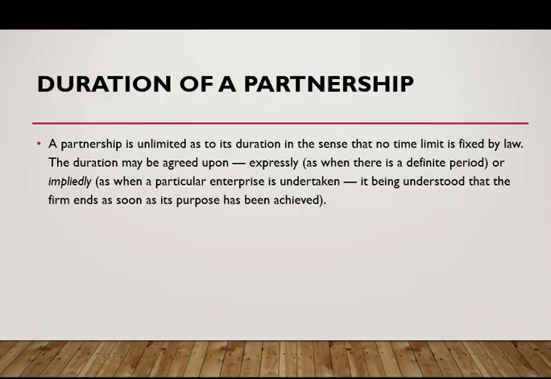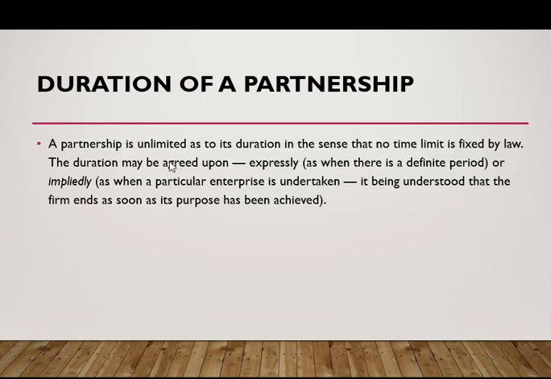So let's now talk about the duration of the partnership. This falls under Article 1785. So let's tackle the important points. We have discussed before a partnership with a fixed term, a partnership for a particular undertaking, and then a partnership at will. So those are the classifications of partnership as to the duration.